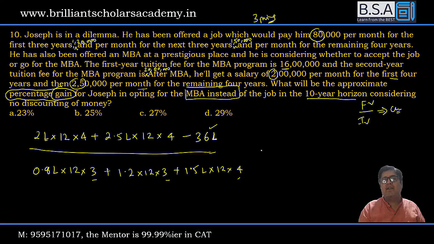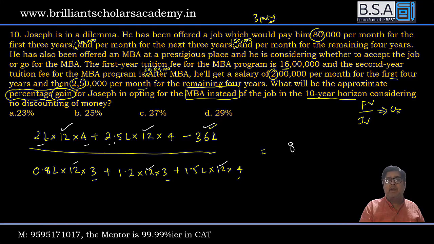So I wanted you to notice how simple it becomes. The lakh does not matter. Lakh gets cancelled. Furthermore, every one of these values is a multiple of 12, so I can cancel out 12. This will become 2 into 4, 8.